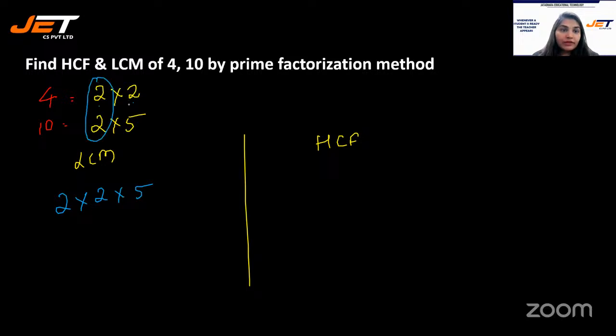One pair, and then the remaining ones are 2 and 5. For HCF, it's just one pair, so I'll take 2. For LCM, 2 times 2 is 4, 4 times 5 is 20. This is the LCM and this is the HCF.